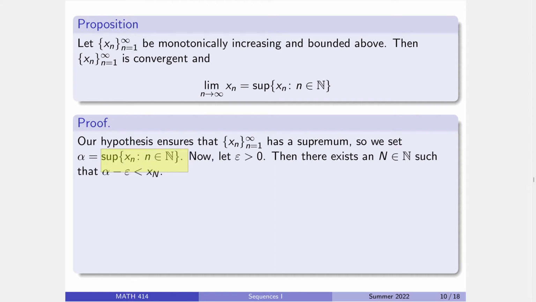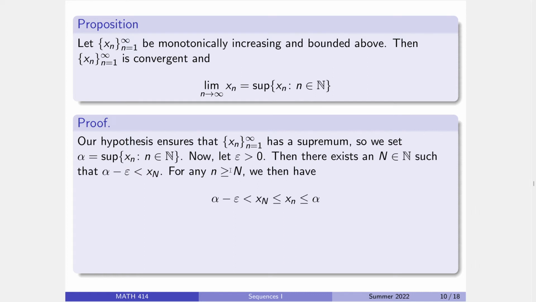Otherwise, this wouldn't be the least upper bound. So at some point, there is a capital N where the sequence gets bigger than this. Given an epsilon, I have to find my capital N. Note, I found my capital N by using a property of supremums, that this is the least upper bound, so anything less than it fails to be an upper bound.